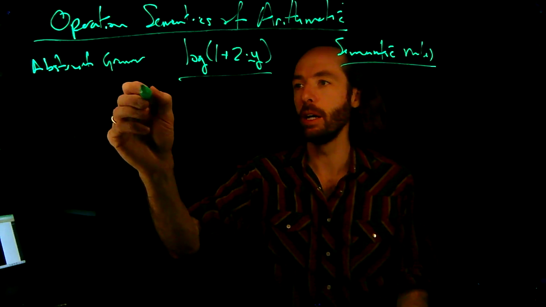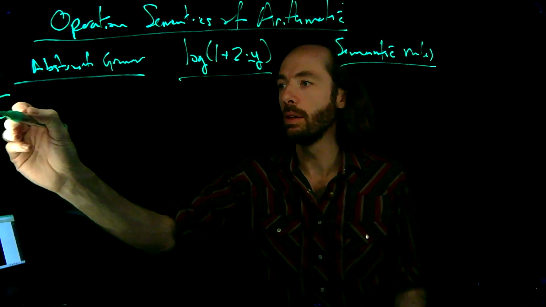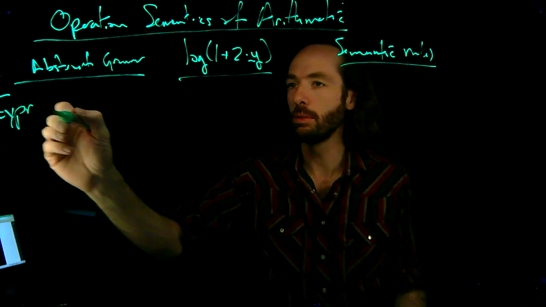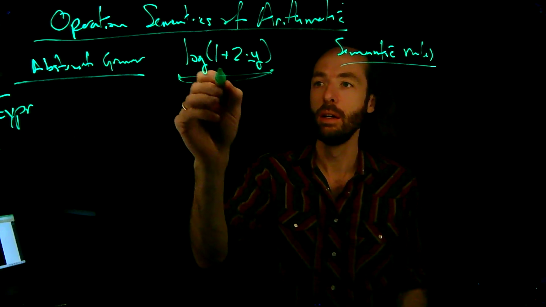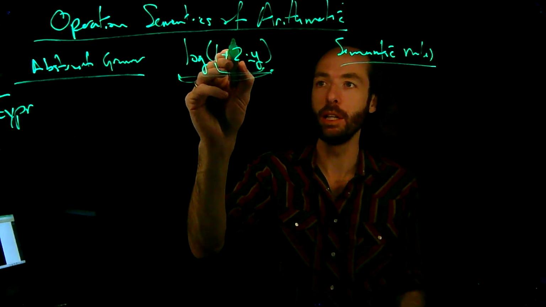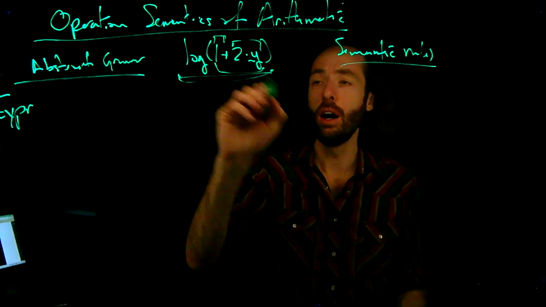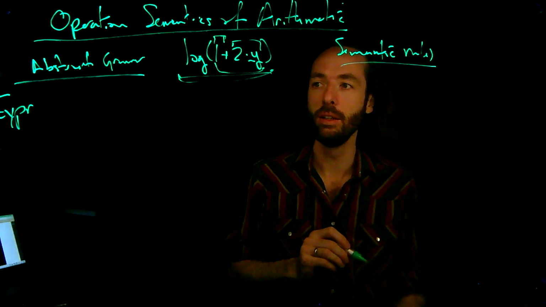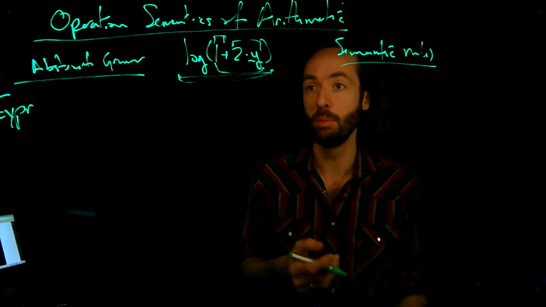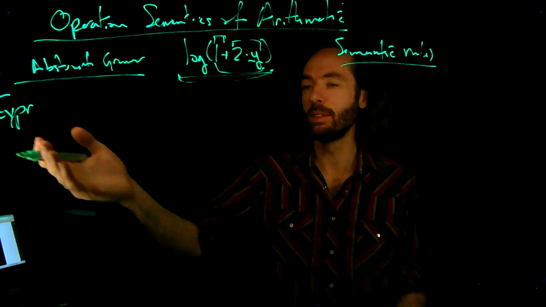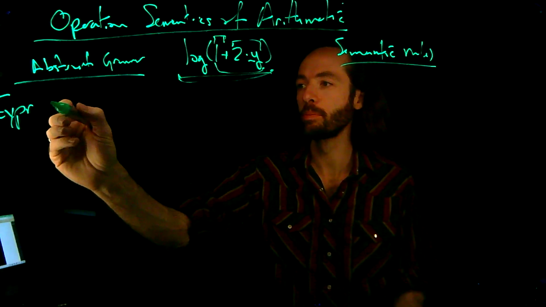So, what is our abstract grammar to start with? Well, we're going to have expressions, right? This is an expression. Inside the parentheses is another expression. This is an expression. All of the tiny component bits of any arithmetic expression is going to be an expression in our language.